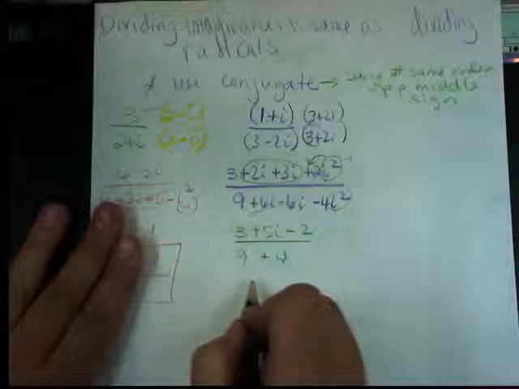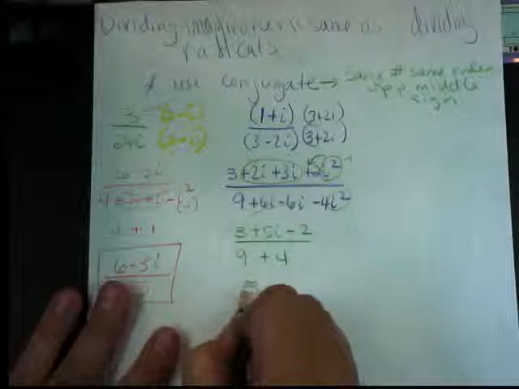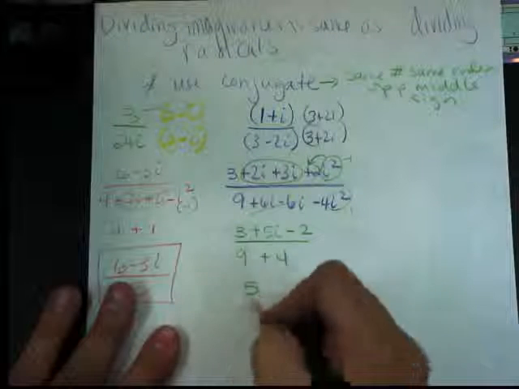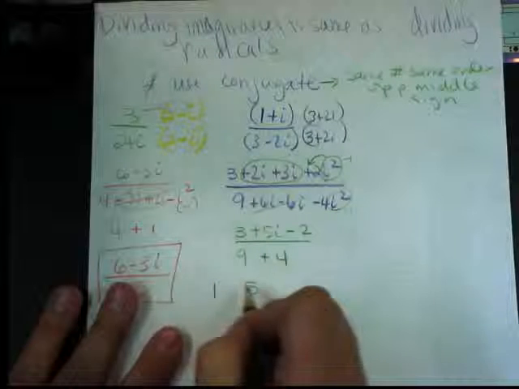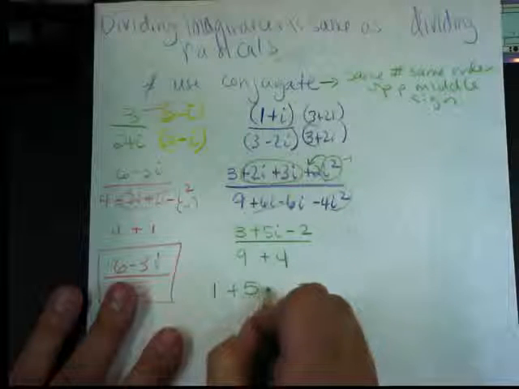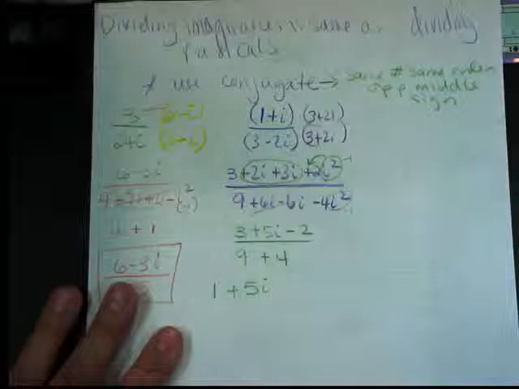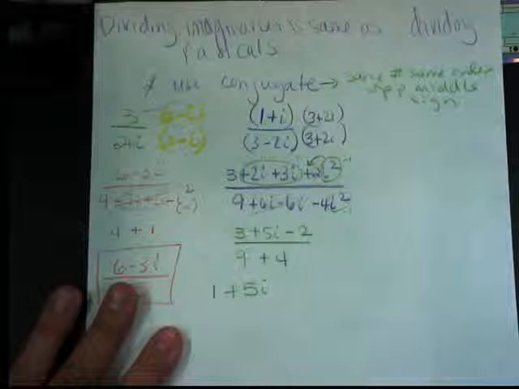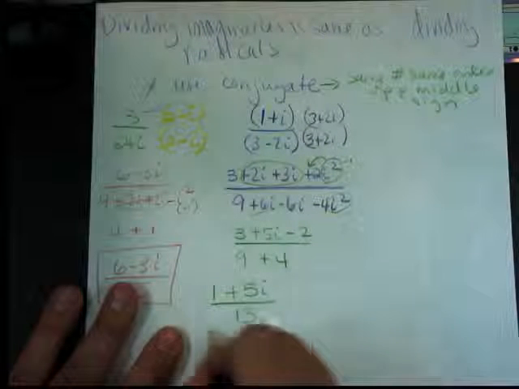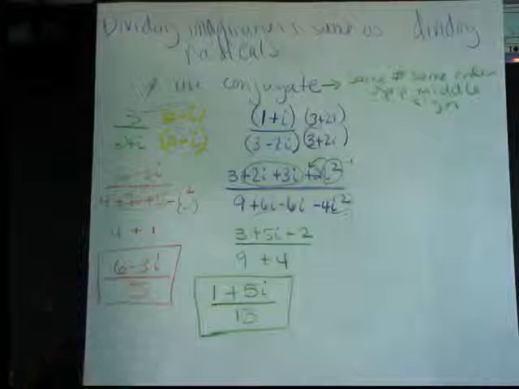Put it all together. I'm going to get 5. Oops, how about 1? 1 would be a better number. And then plus 5i all over 13.